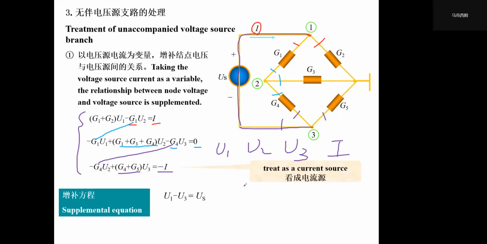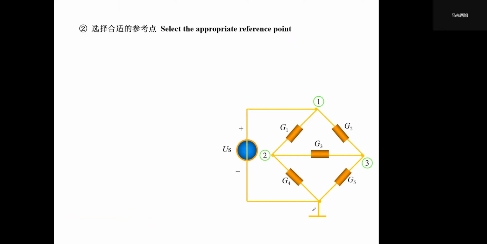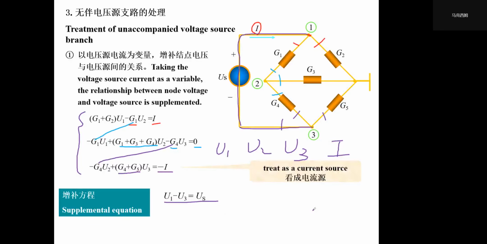We know that the voltage difference between node 1 and node 3 is US, right? And we also know that, so this time we have 4 equations for 4 unknown variables, so we can solve this problem, right?